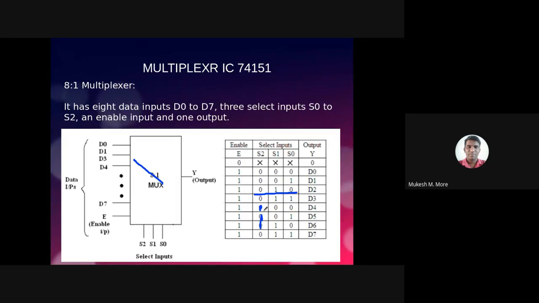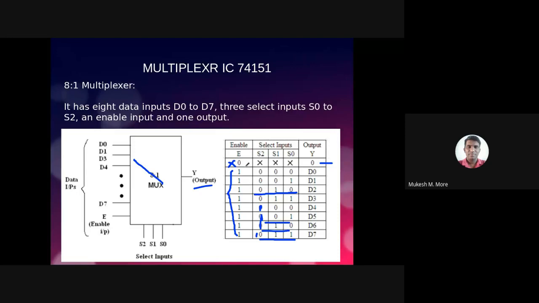So please make sure of this change, and the last entry is 1, 1, 1. In this way we select data inputs and generate the output only when the enable input is high. If it is low, your multiplexer will not work. Please remember this carefully.